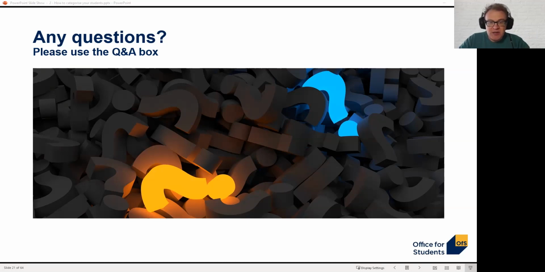And while I've been talking about that, we've had a few more questions which have come in. So let me just have a look at the next ones. One question is, please clarify if we include closed course apprenticeships. We don't consider the closed course rule to apply to apprenticeships. It's one of the specific things that we mention in the guidance.